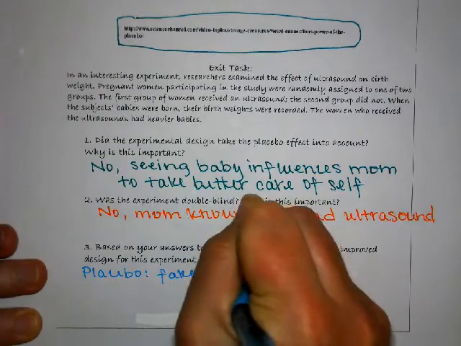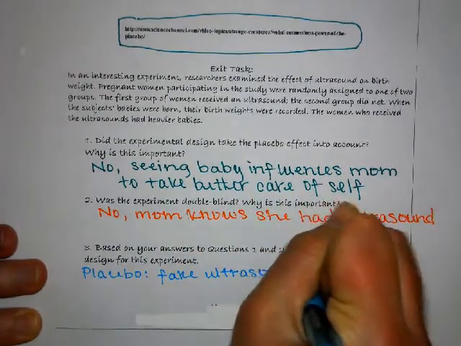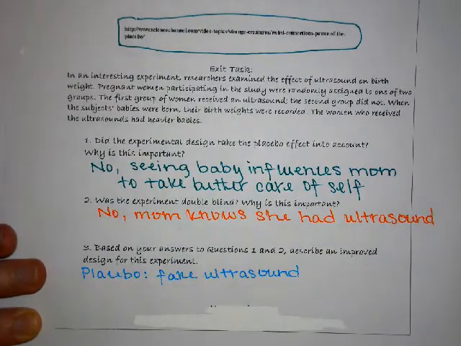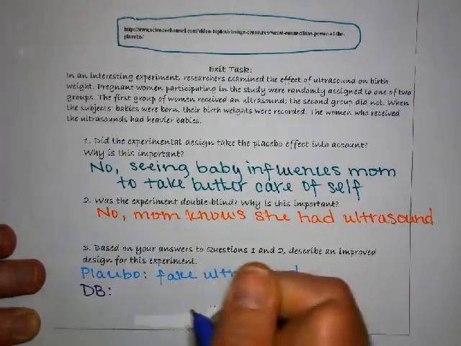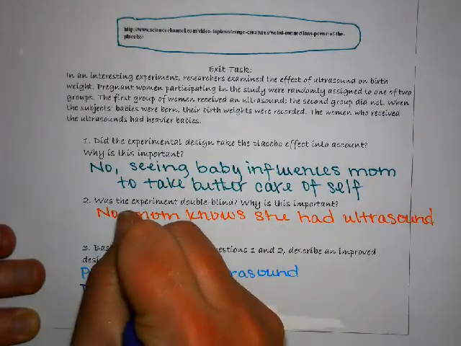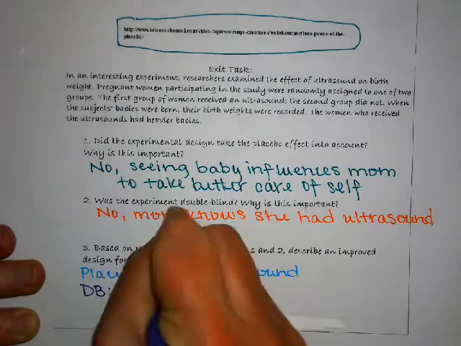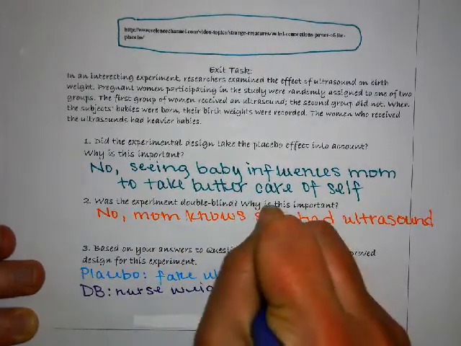And then double blind: nurse weighs baby without access to records.